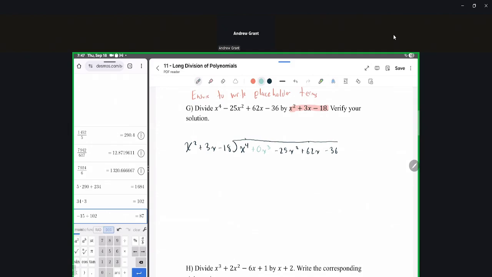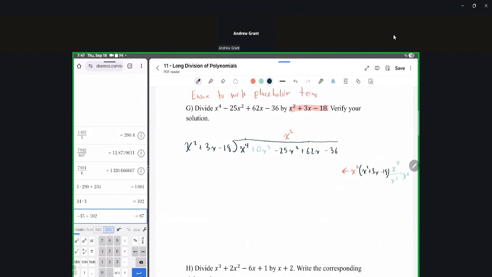So if I have, say, x to the power of 4 divided by x squared, that's going to go in x squared times. So here, I'm going to write my x squared. And on this line, I'm going to write x squared multiplied by x squared plus 3x minus 18.